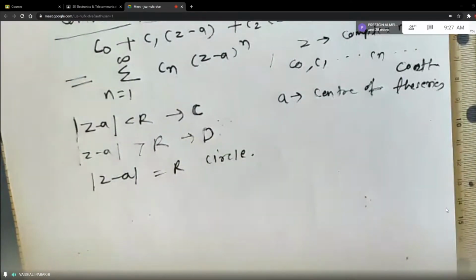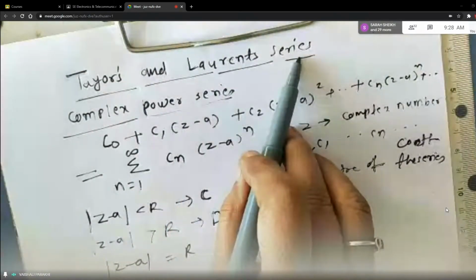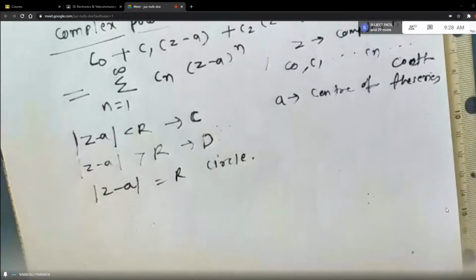So such a series can be converted in the form of a Taylor series. So in this topic, mainly you are going to learn two types of series. One is called the Taylor series and the other is called the Laurent series, because our power series is always analytic.